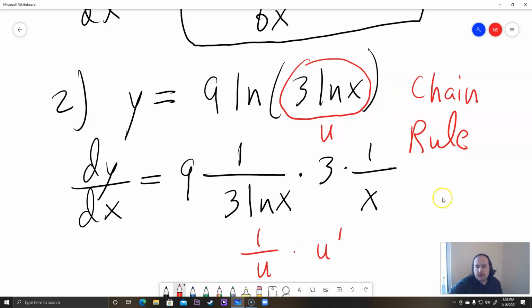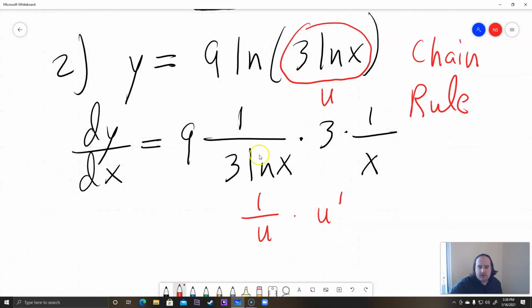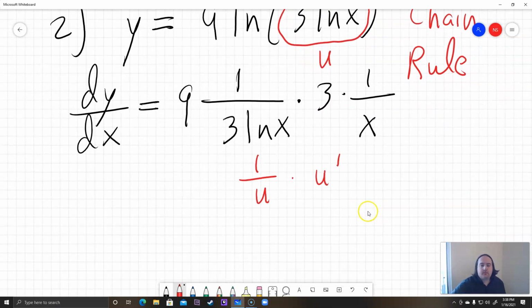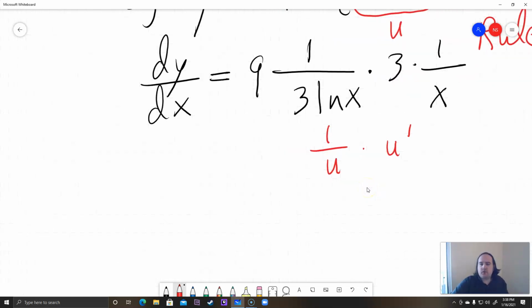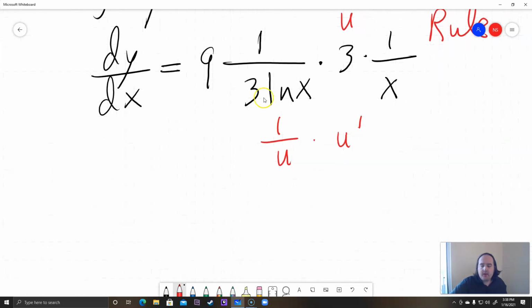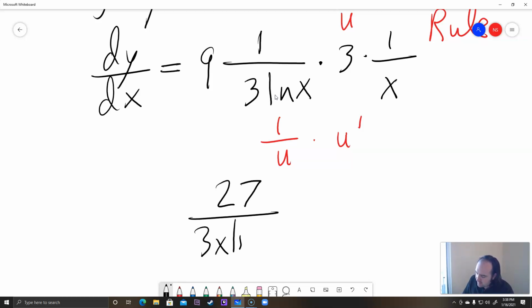Okay, all right, and then we can just simplify this a little bit. So 9 times 3 is 27. Okay, so we're going to have a 27 on the top, and then on the bottom we have 3x ln of x. So we have 27 over 3x ln of x.